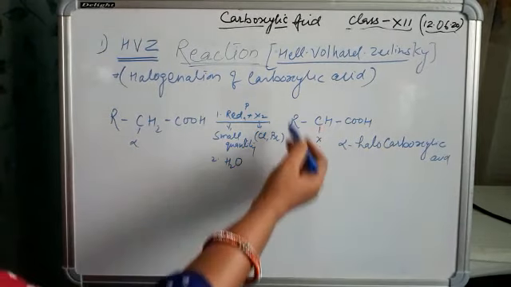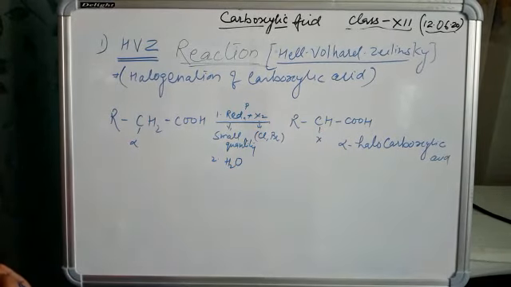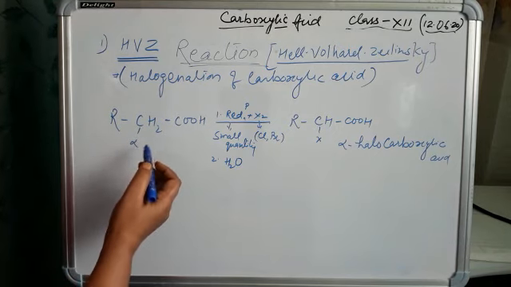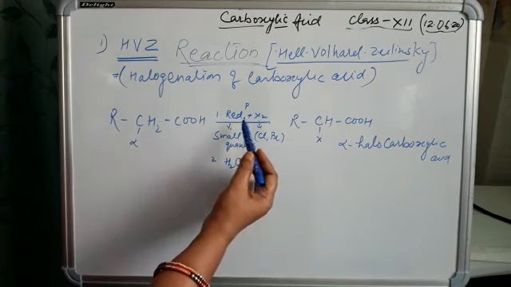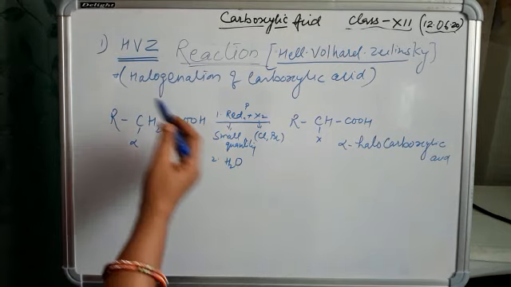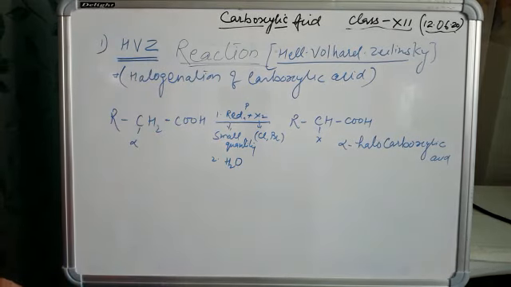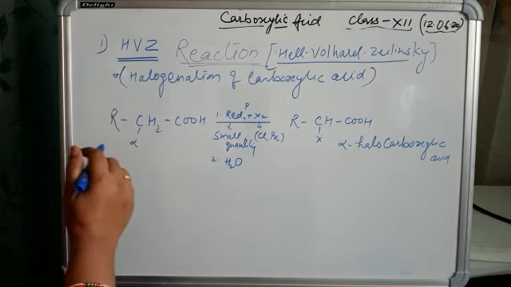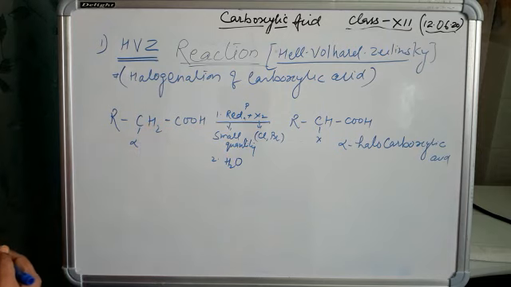This compound is very useful for different industrial purposes. If the carboxylic acid reaction proceeds in the presence of red phosphorus with halogen first and in the second step water is used, this reaction is known as the Hell-Volhard-Zelinsky reaction. If you want the mechanism of this reaction, I will discuss it in the next session, but this is enough from the examination point of view. This year this question was asked.